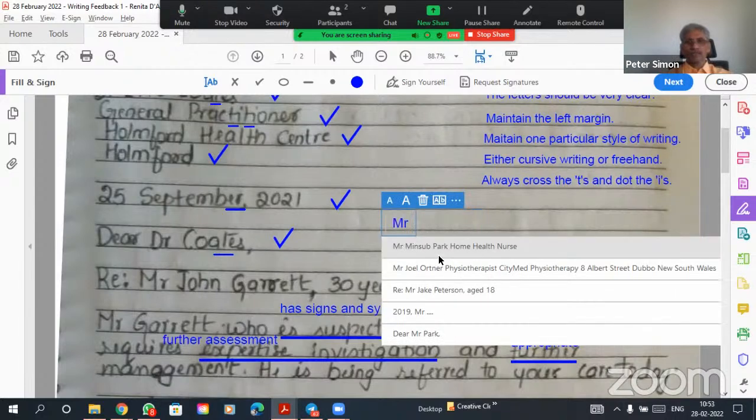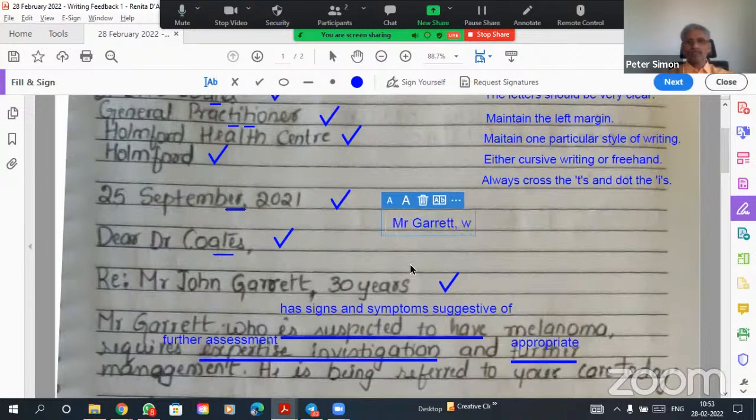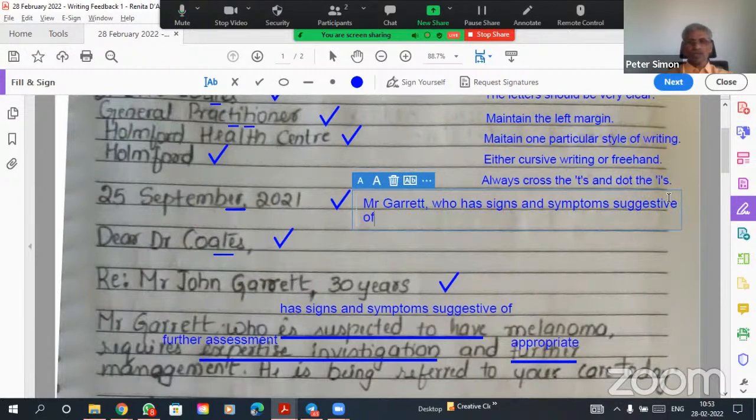Mr. Garrett, who has signs and symptoms suggestive of melanoma, comma, is being referred for further assessment and appropriate management following.